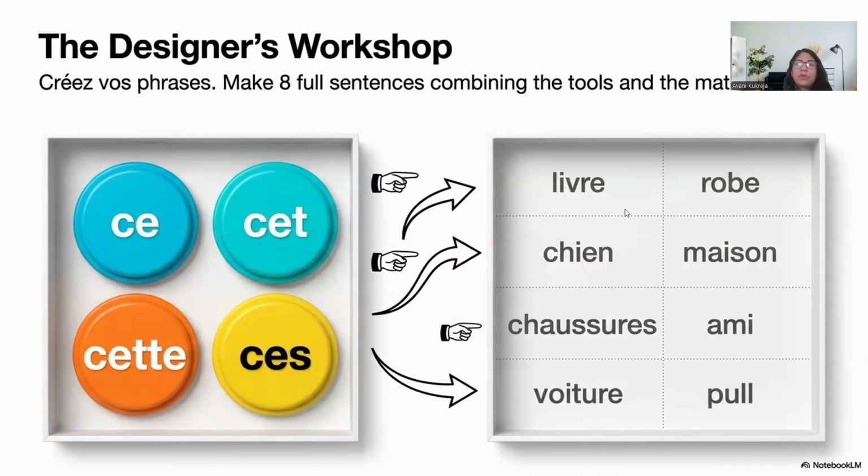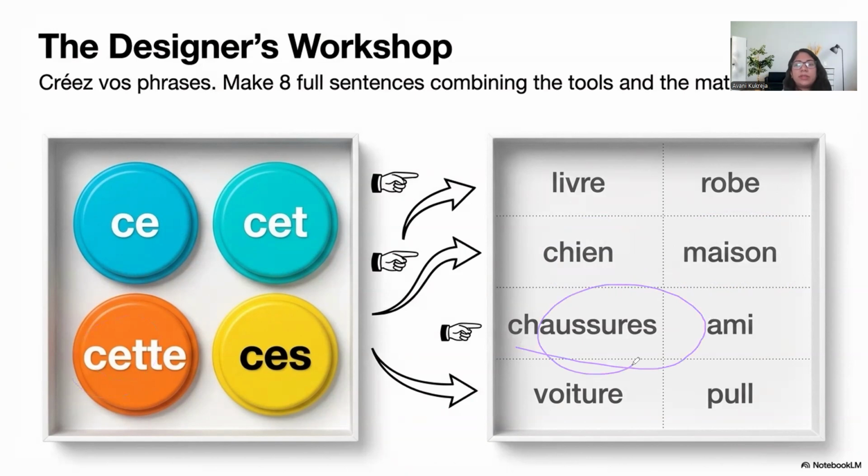Okay, again, just very quickly, the answers. Dash livre would be? Ce livre. Dash robe? Cette robe. Dash chien? Ce chien. Dash maison? Cette maison. Dash chaussure?